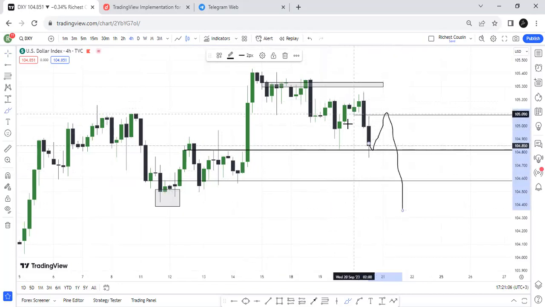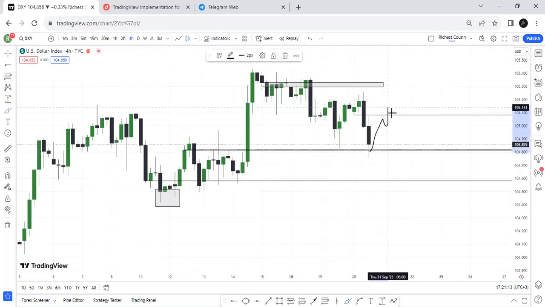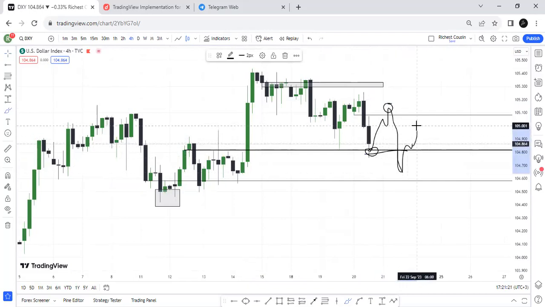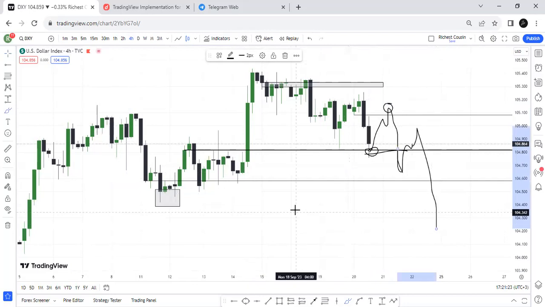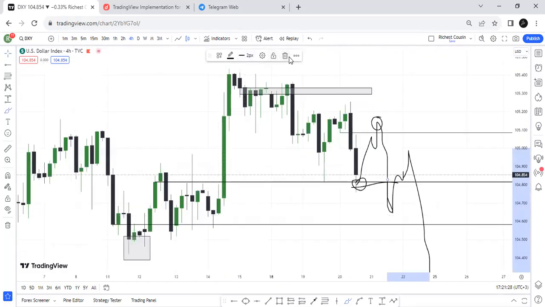Like I said, after a shift it is supposed to mature. A matured shift is when price gives us the first swing high and swing low of this downtrend. So we expect this break of structure, then this liquidation, to be a trigger for us to continue to the downside, seeking more areas of liquidity.